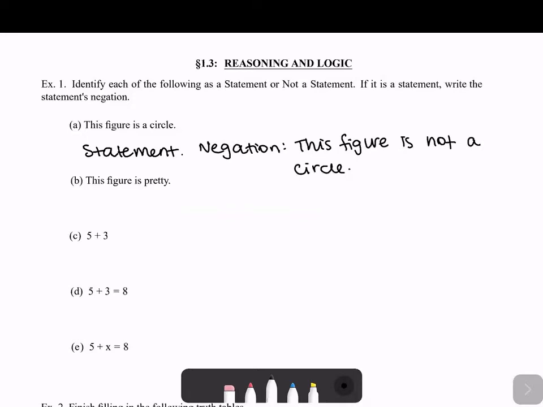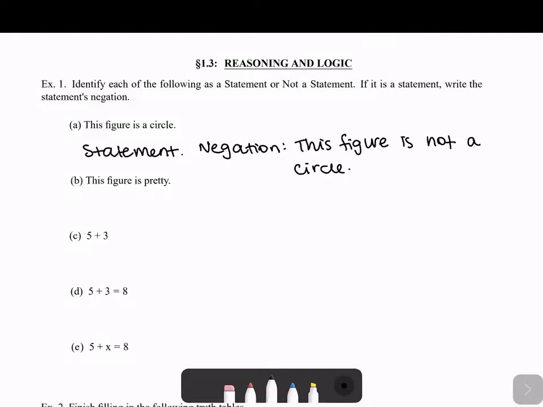So sometimes the negation can be as simple as just putting a not into the sentence. That's all you would need to do in this case. If the figure was a circle, changing the statement to this figure is not a circle would change the truth value.